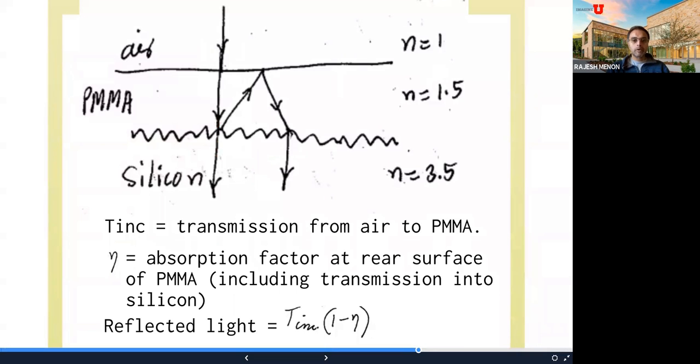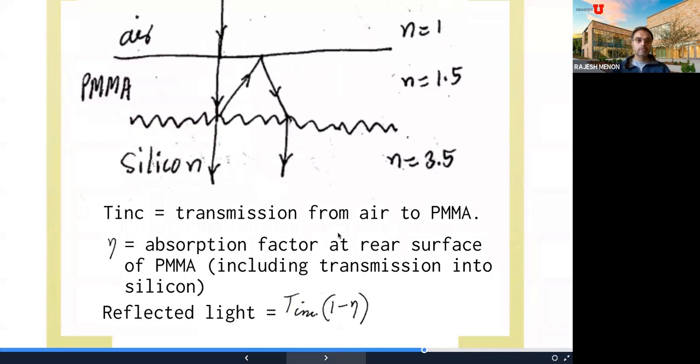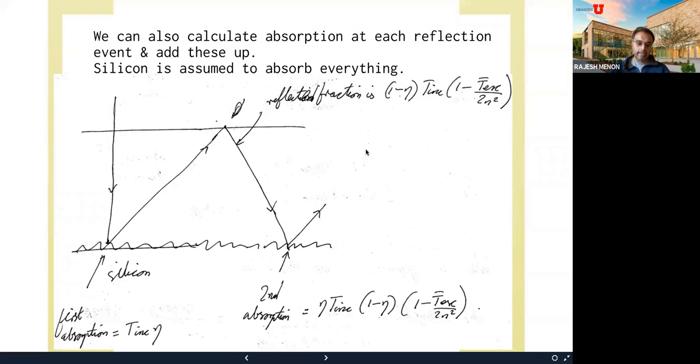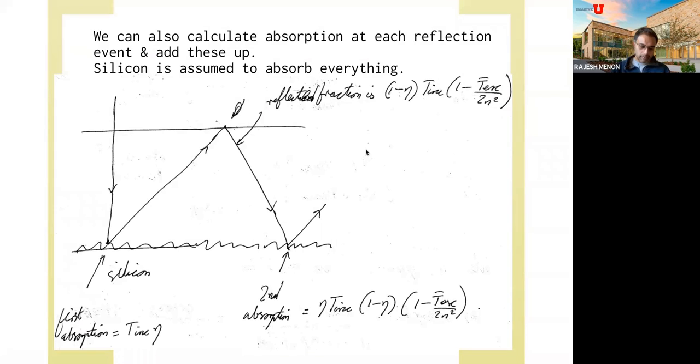Okay, now let's keep going to see what's happening to light. We can calculate the absorption at each reflection event and add these up. Okay, now let's try to do that. So again, I'm going to redo this. I get 100% or 1 light coming in, T incident inside, because I've lost a little bit of light out here. And as we just talked about, I get 1 minus eta times T incident here, right?